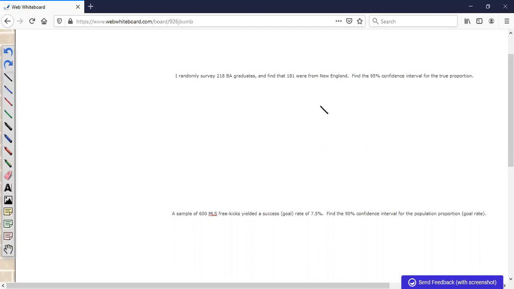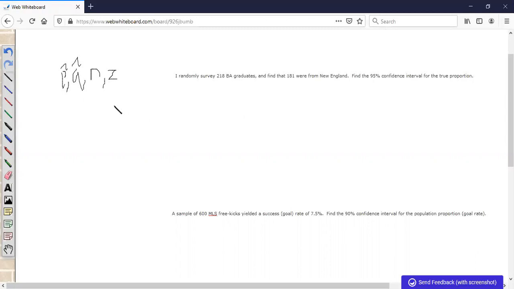So first off, what we need to do here is find p hat, q hat, and z sub alpha over 2. I'm not going to try and write the subscript alpha over 2 because I'm having enough trouble writing with a mouse as it is. But we need these things.